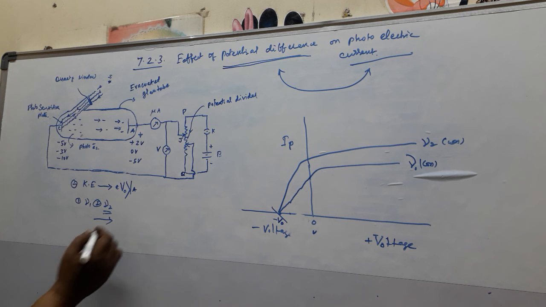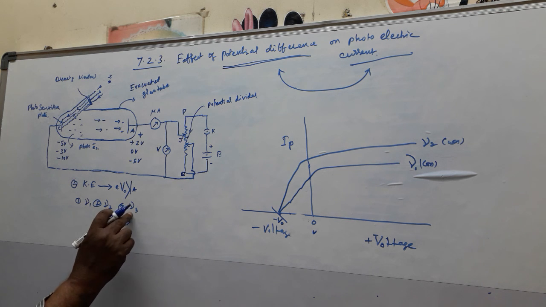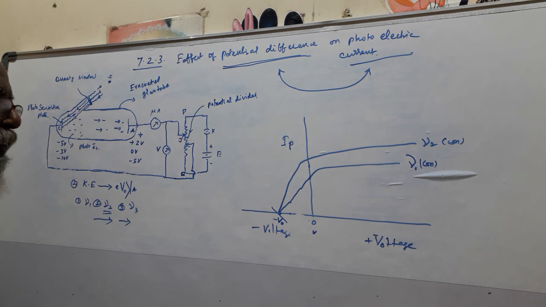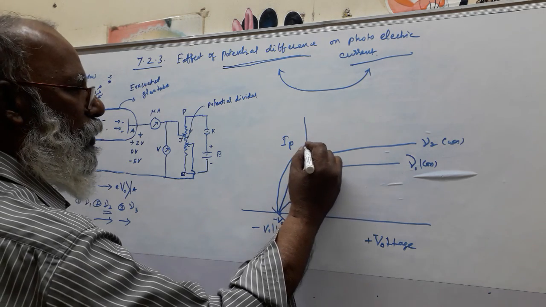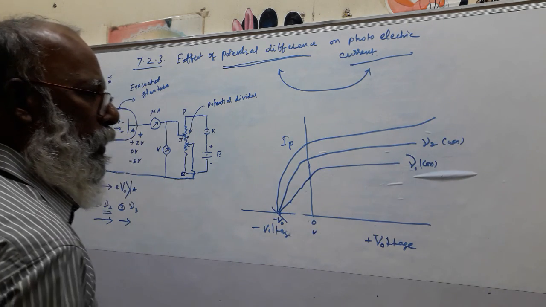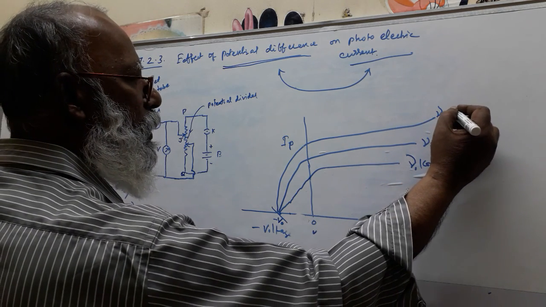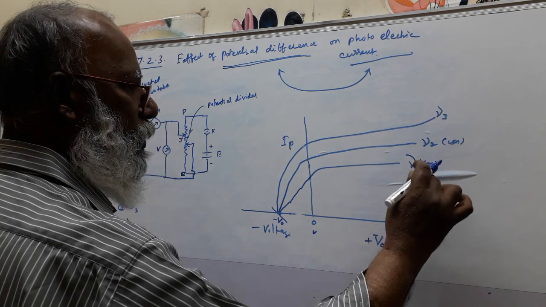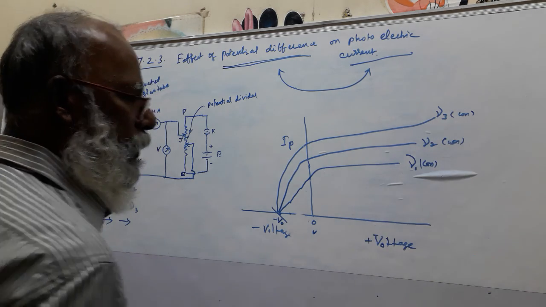Now again we want to increase the frequency of the incident ray. What will happen? Then the photoelectric current also increases as shown in the figure. In three cases, this is frequency nu3, this is frequency nu2, and this is frequency nu1, keeping them constant.